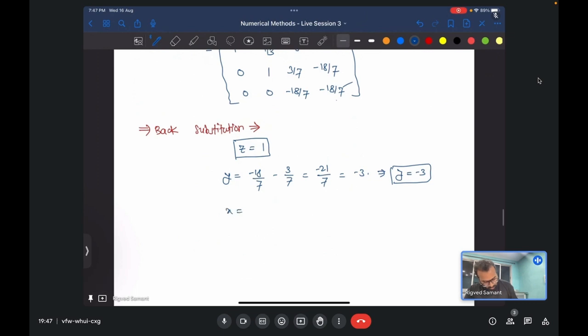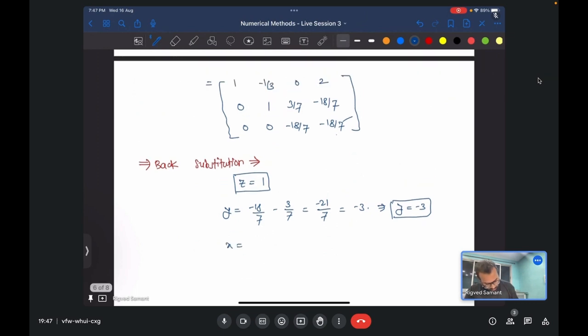And X would be 2 plus 1 by 3 into minus 3, minus 1. So this is minus 1. How much? Sorry, here it would be 0, right? There is nothing here. This is 0.